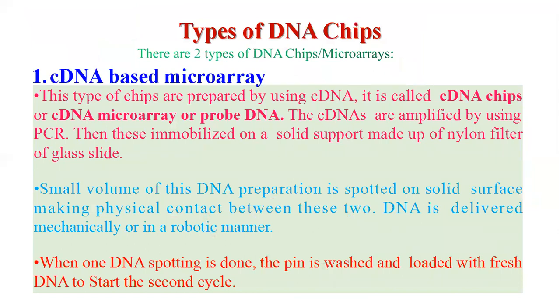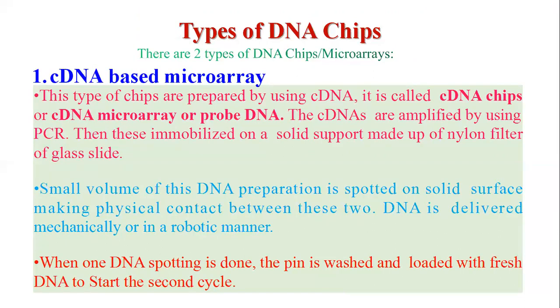Now we will discuss elaborately the DNA chip or DNA microarray technique. As I said, there are two types: one is cDNA based and one is oligonucleotide based. The first is the cDNA based microarray technique, a chip based assay prepared using complementary DNA.